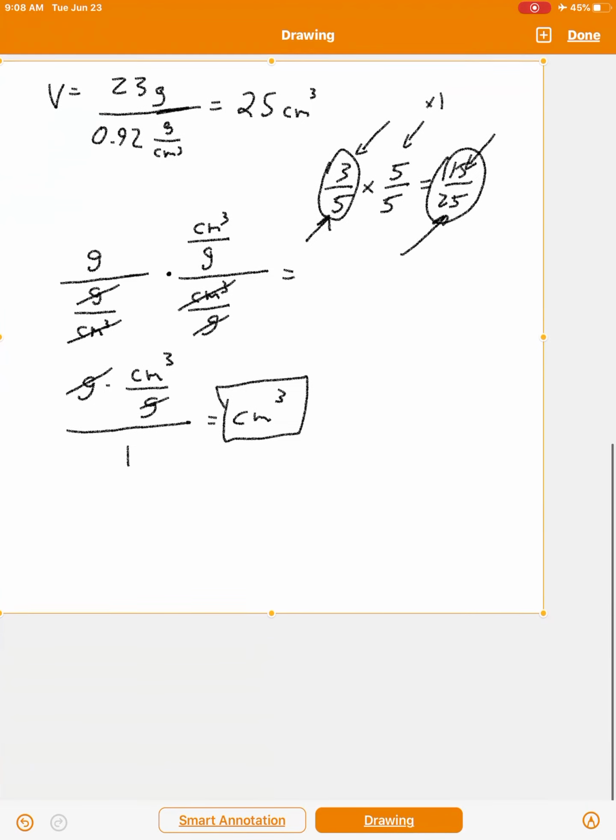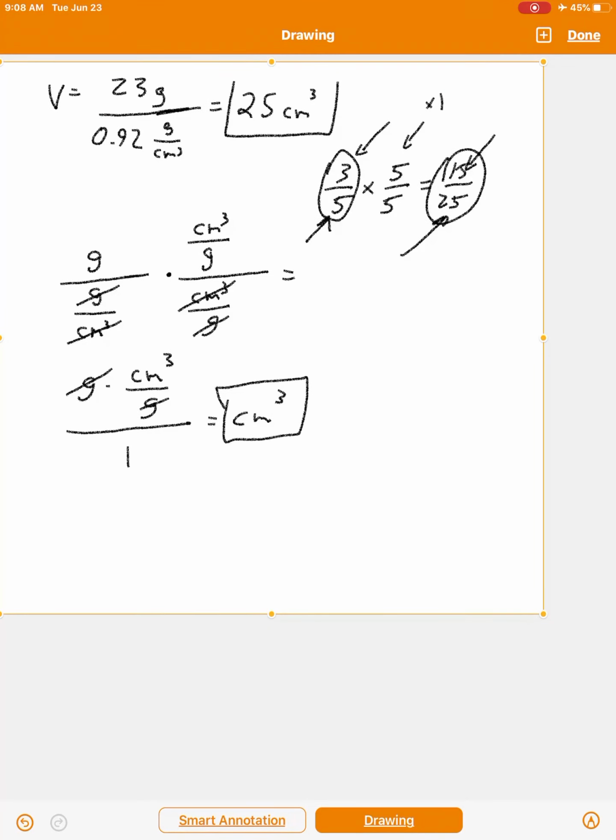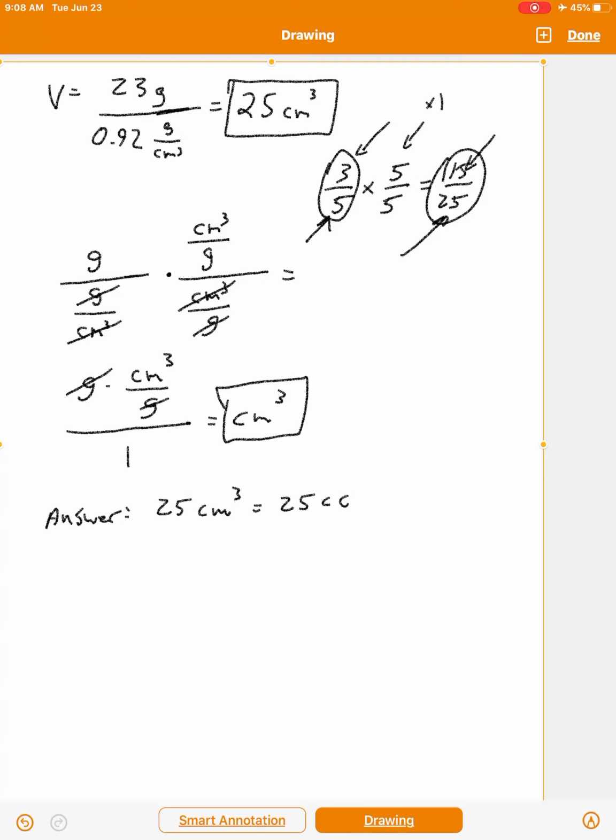So that's our answer, by the way, 25 cubic centimeters. So let me mark down here, our answer is 25 centimeters cubed. And we could also write that as 25 cc, and we could also write that as 25 ml, right? We talked about that earlier in part A.